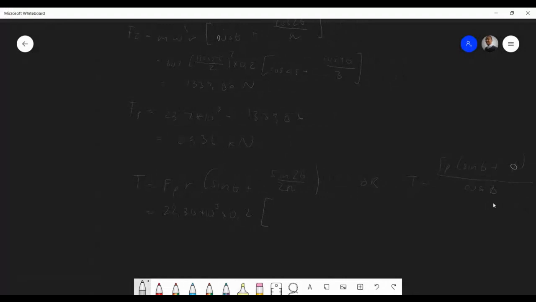It's a bit late now, so I must be careful. Yeah, torque should be right. So we just work that out. 22.3 times 0.2 bracket sine 45 plus sine 90, sine 90 is 1, I think, over 2 times 3, which is 6.